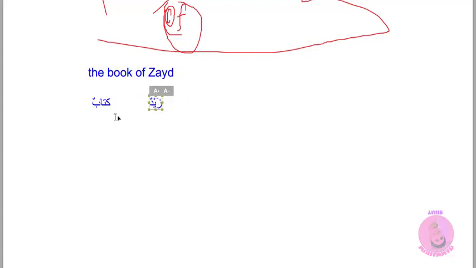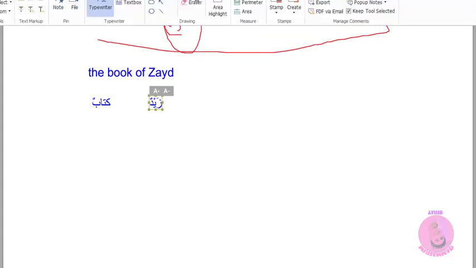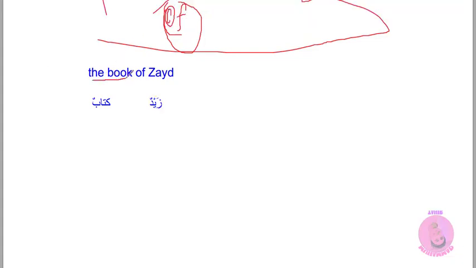As you can see, in English the thing that is possessed, which is the book, comes first, and the possessor comes last. The same thing happens in Arabic. The only difference is that the sequence of the possessor and the possessed appears changed.